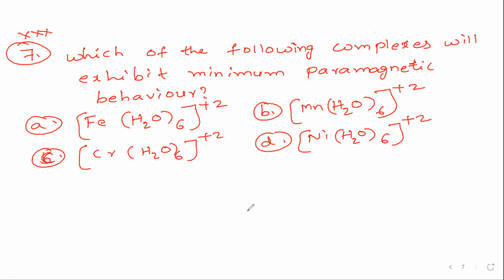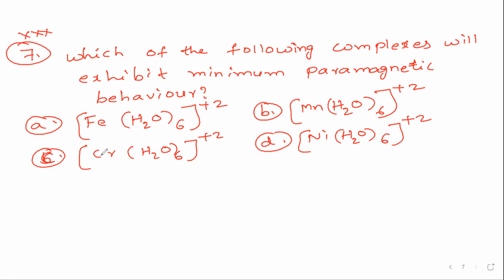Now they are asking which of the following complexes will exhibit the minimum paramagnetic behavior. Minimum paramagnetic behavior means it should contain fewer unpaired electrons. All the ligands are the same, so we have to see the number of unpaired electrons.